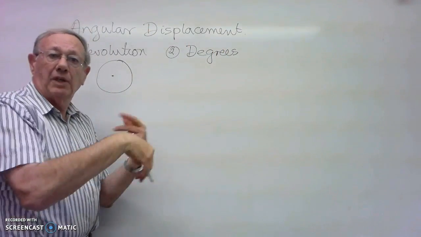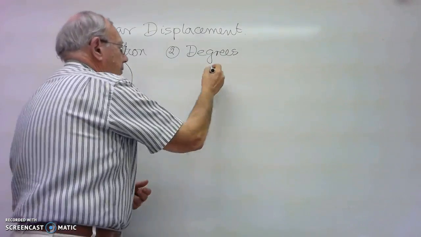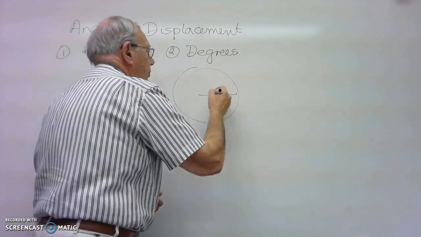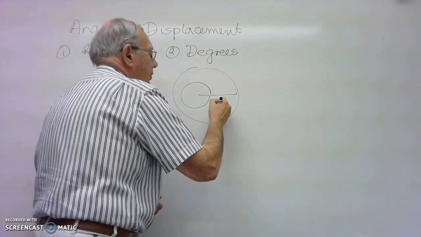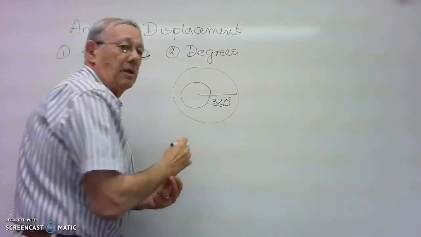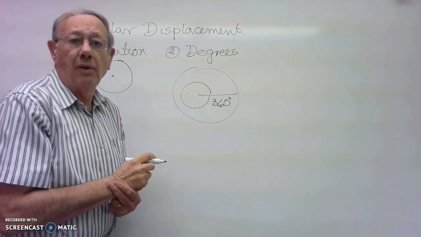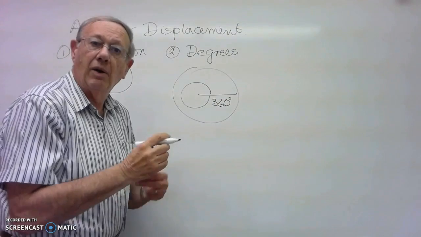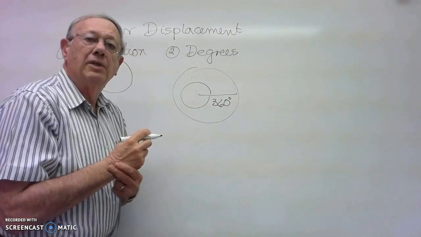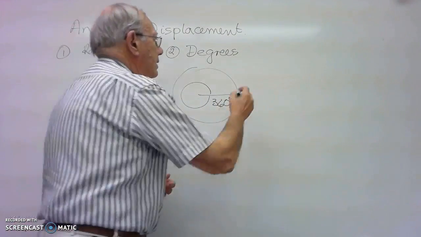So, for example, if it goes around in one circle, it's obviously moving through 360 degrees. Now, another way of indicating how far it's moved is what is called radians.